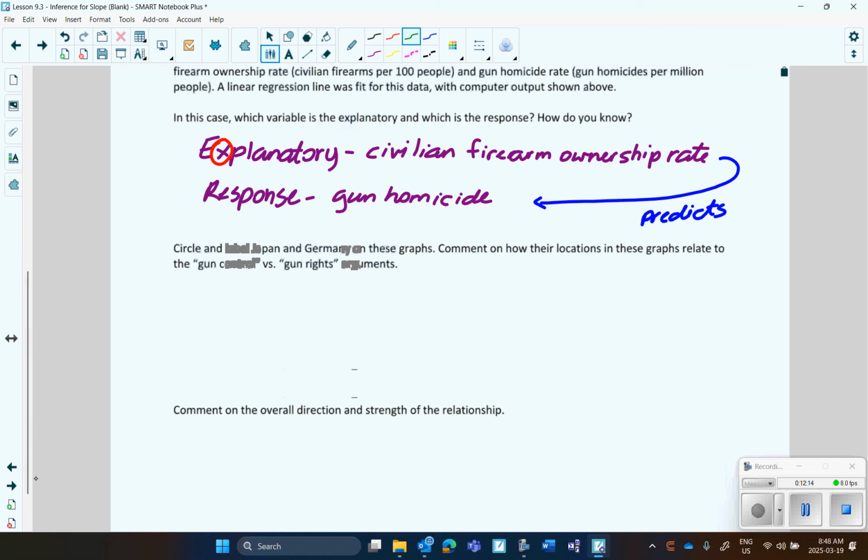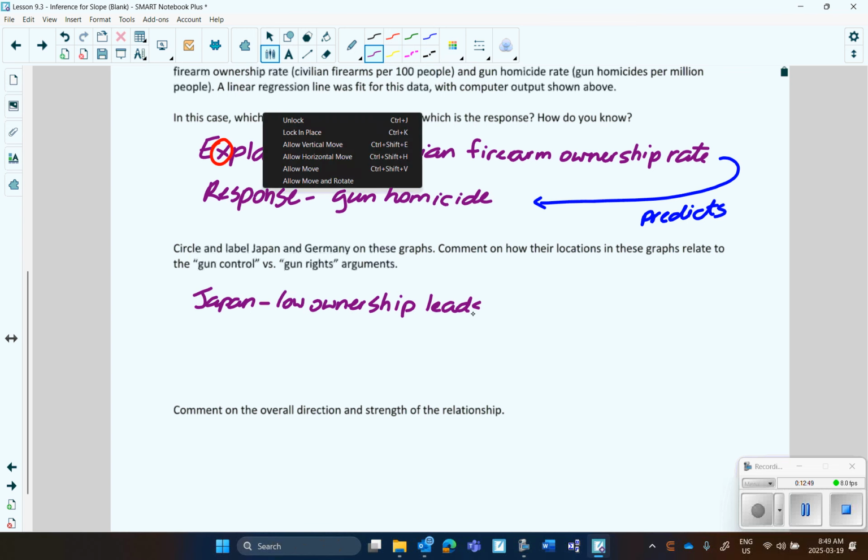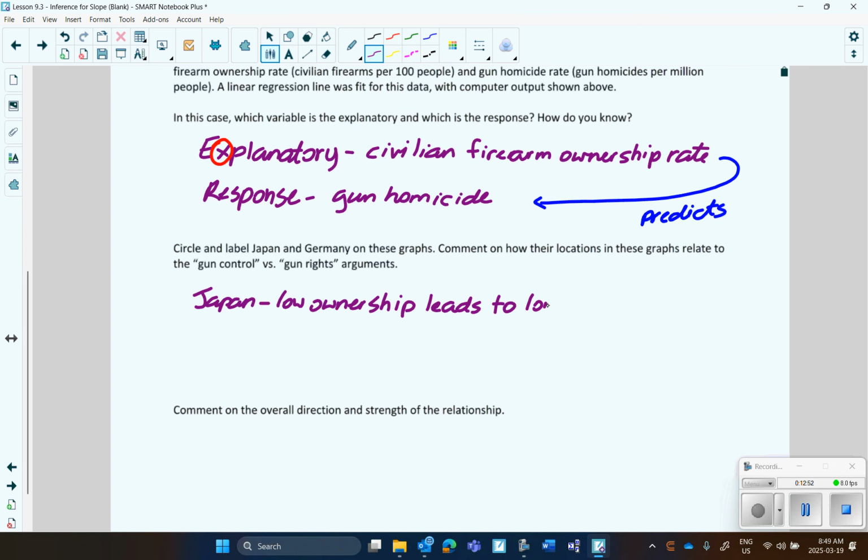Other locations in these graphs relate to gun control versus gun rights arguments. Japan would be pro ownership. It's the low homicides.